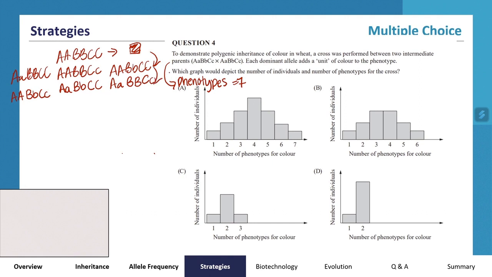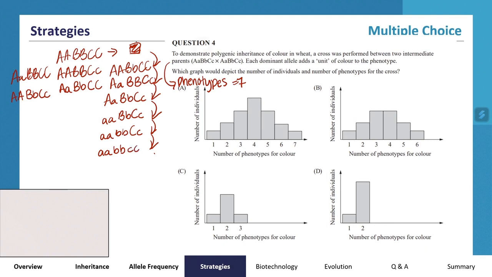This one would be lighter because it's got 2 copies of the recessive allele. 3 copies would be slightly lighter again, then 4 copies, then 5 copies, and finally 6 copies of the recessive allele would be your next stage of lightness.